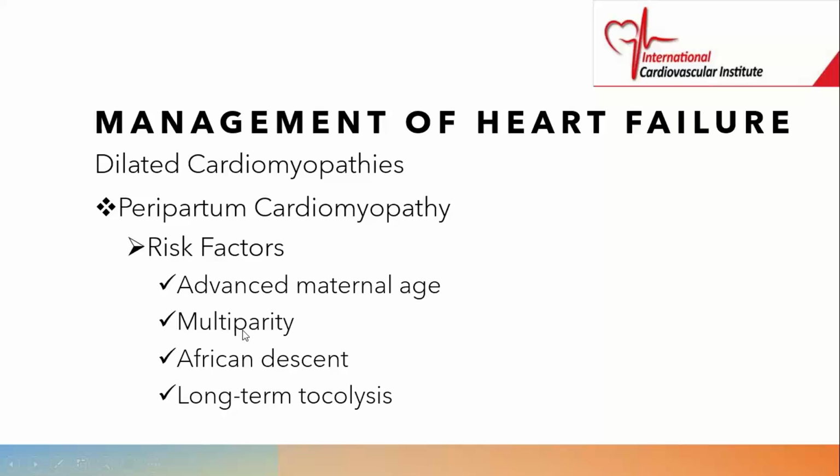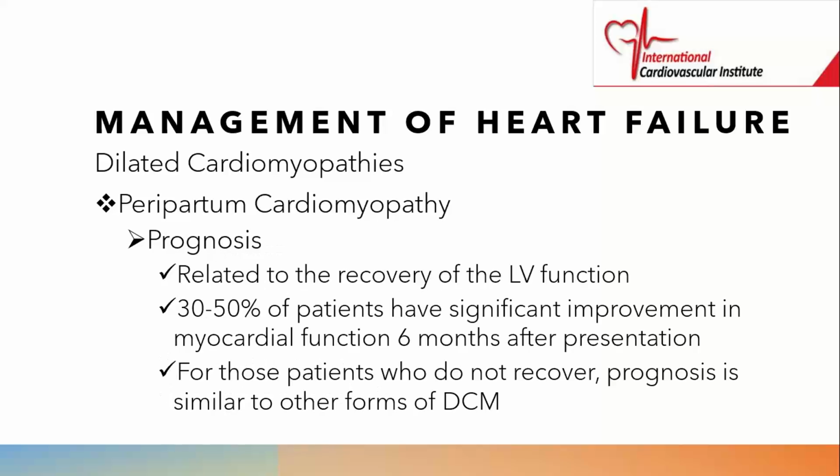Multiparity, so patients who have had multiple pregnancies have an increased risk. African descent, so it's more common in blacks, and then long-term tuberculosis. So if they had to stop the labor for whatever reason and prolong the labor period, then that's also a risk factor.